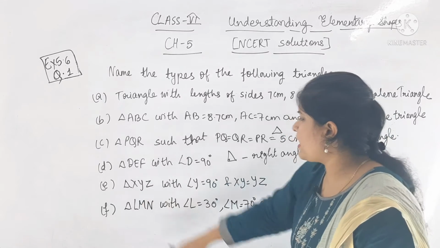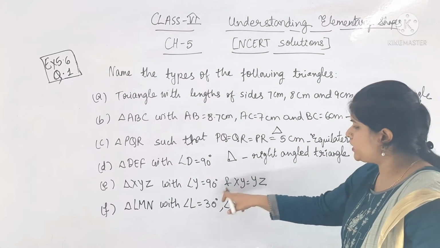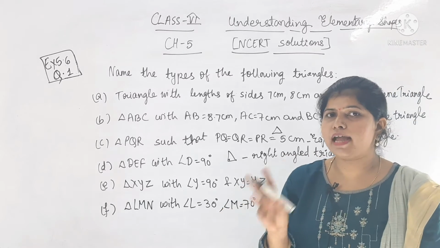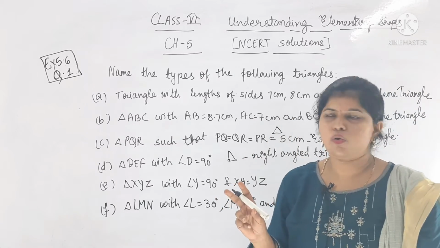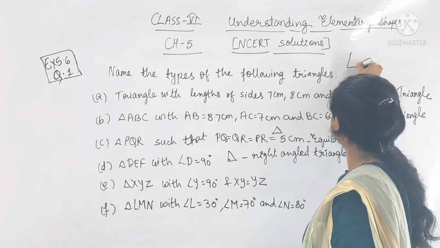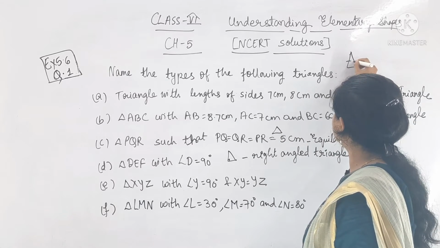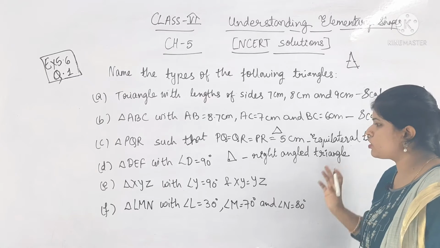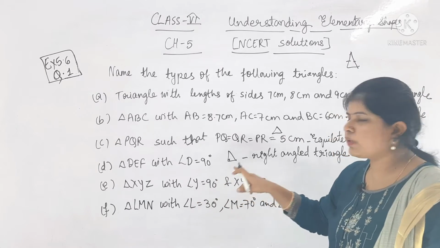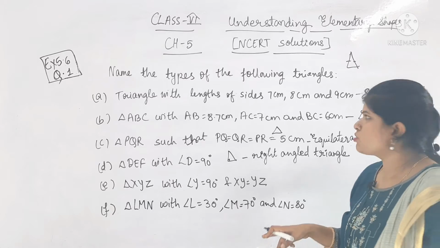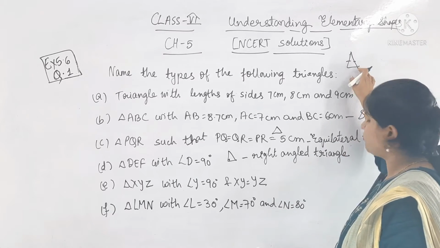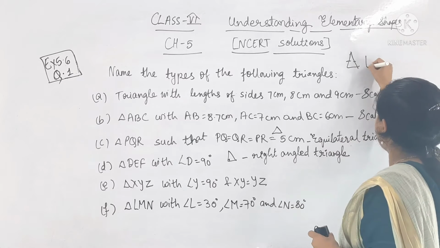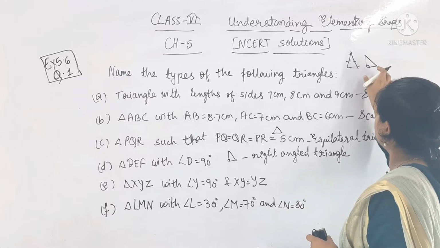Number E is triangle XYZ with angle Y equal to 90 degree and XY equal to YZ. Here the two sides are equal, which means isosceles. These two angles are equal, that is isosceles, based on sides, and angle Y is equal to 90 degree also.